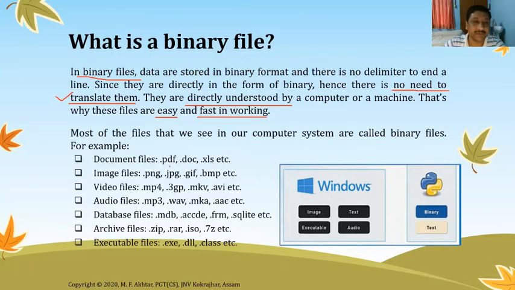See here: document files, for example PDF, DOC, XLS; image files, JPG, GIF, BMP; video files, MP4, 3GP, MKV; audio files, database files, archive files, and executable files. These are all stored in binary format, and these are faster.